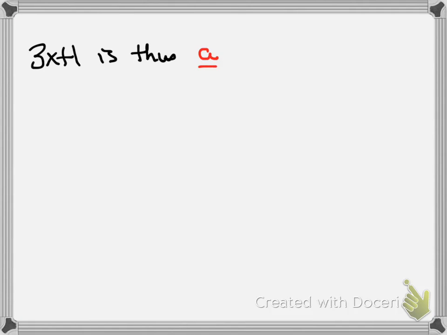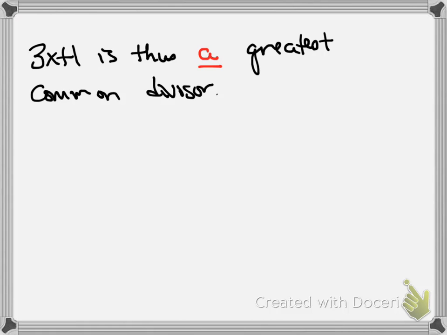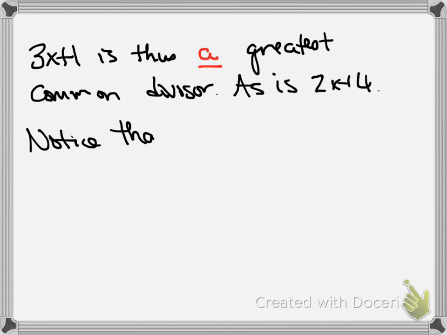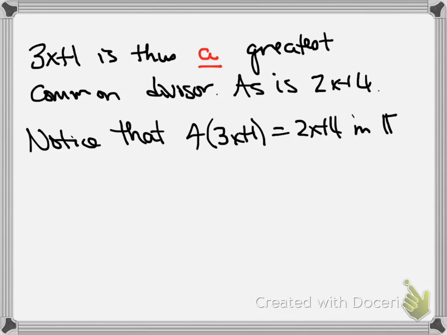So now we've got that 3x plus 1 is a greatest common divisor. We also have that 2x plus 4 is a greatest common divisor. Now notice that 4 times 3x plus 1 is 2x plus 4 in F5 of x, or 4 times 2x plus 4 is 3x plus 1. 4 is its own inverse in F5 because it's minus 1.